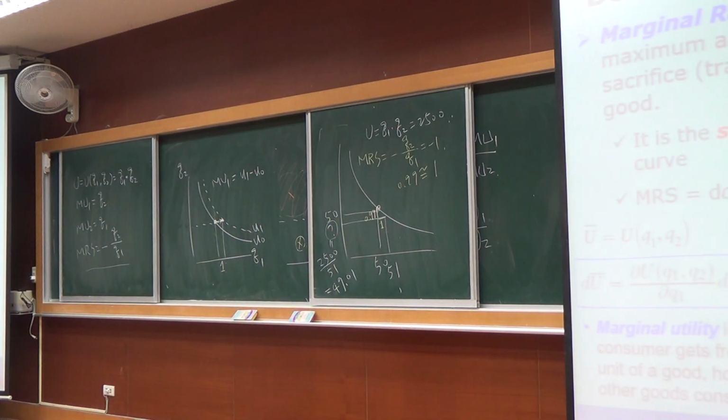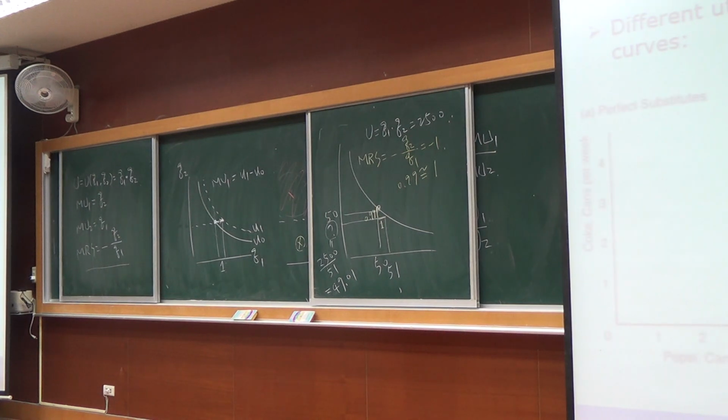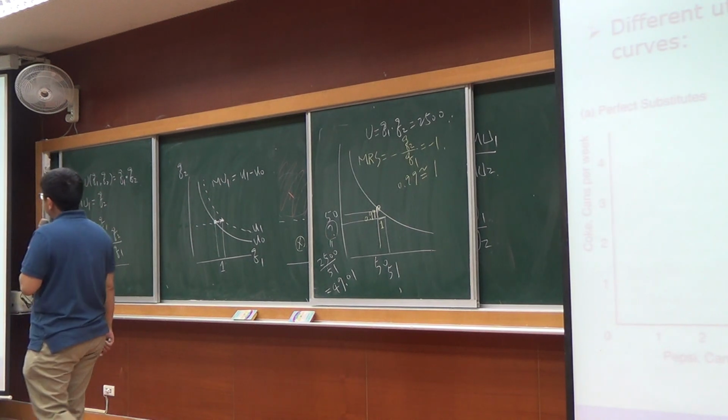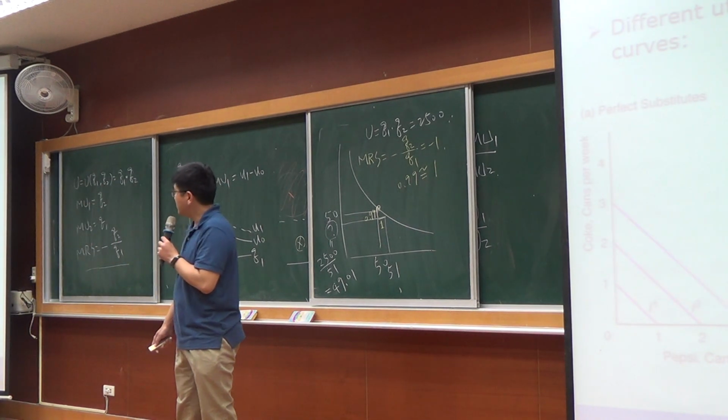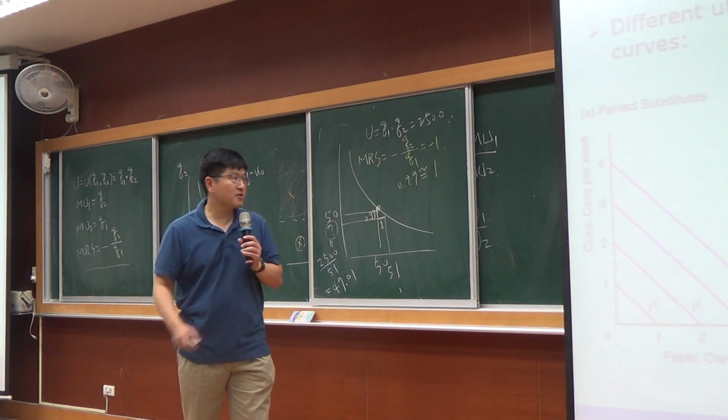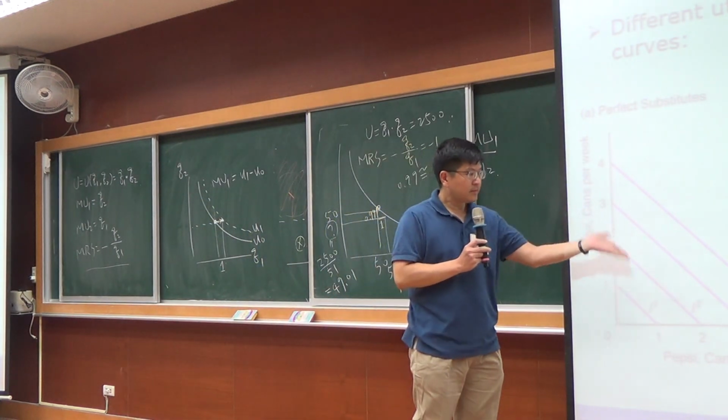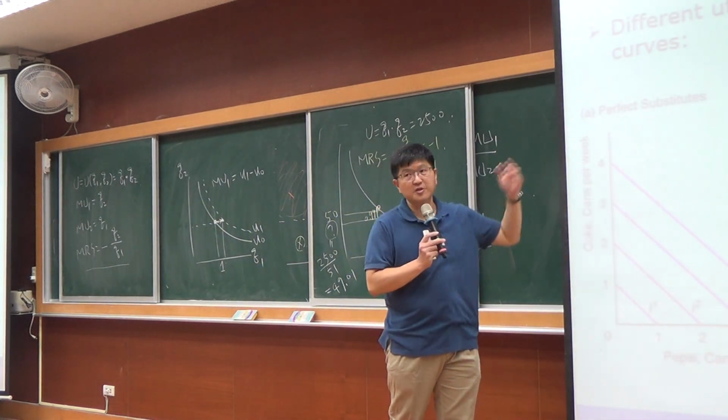Let's proceed to the next slide. Different utility functions generate different indifference curves. Alright, we may have this kind of indifference curve. We call that perfect substitutes.